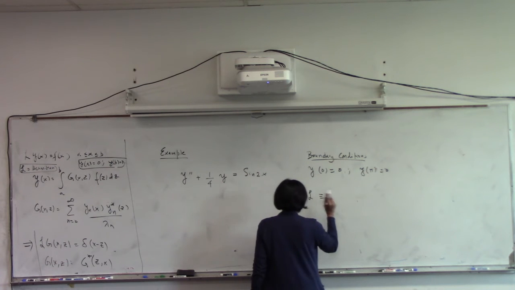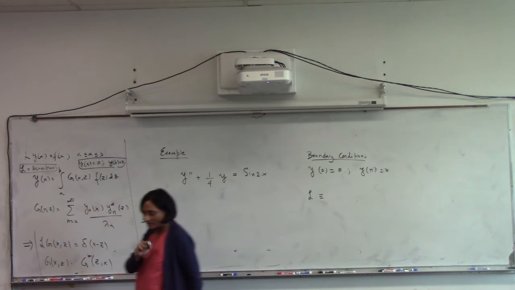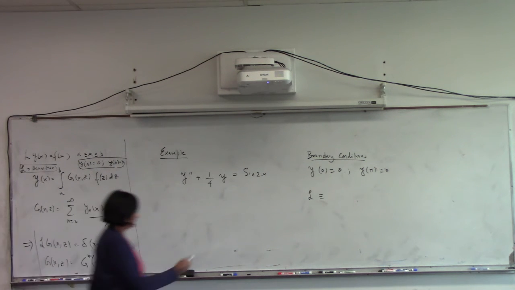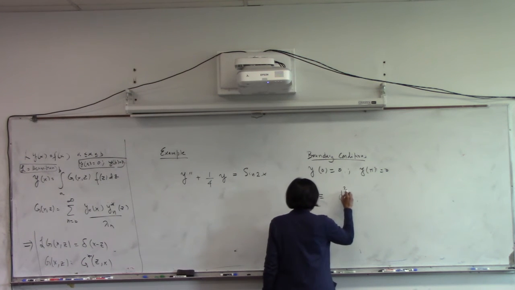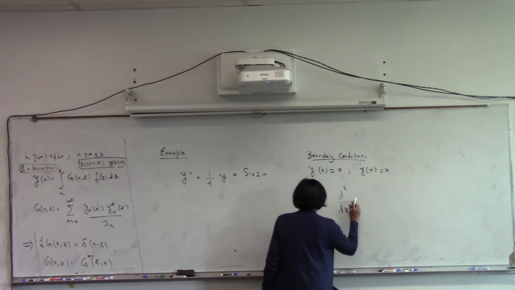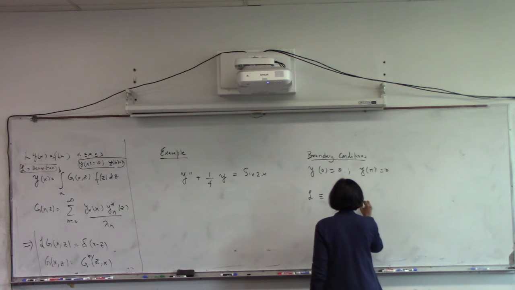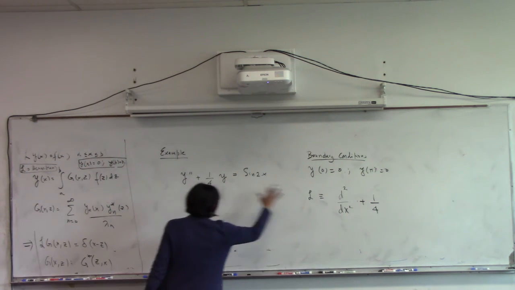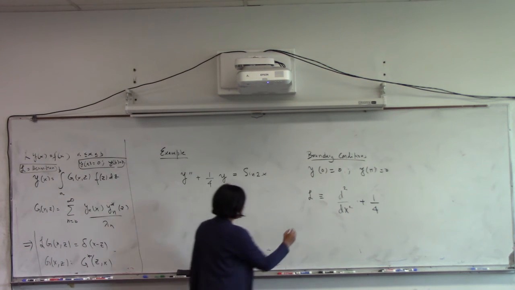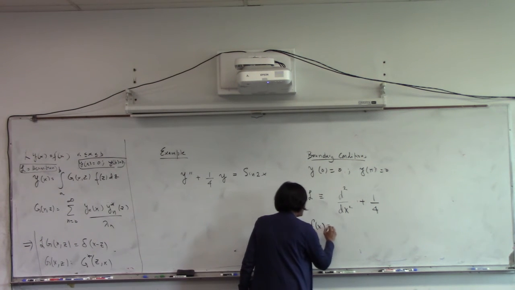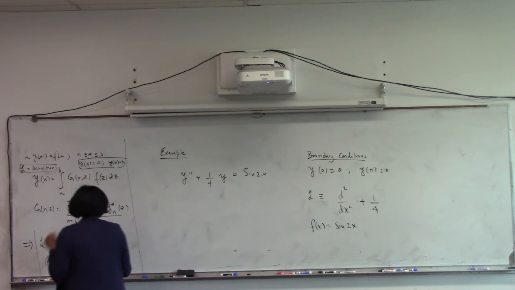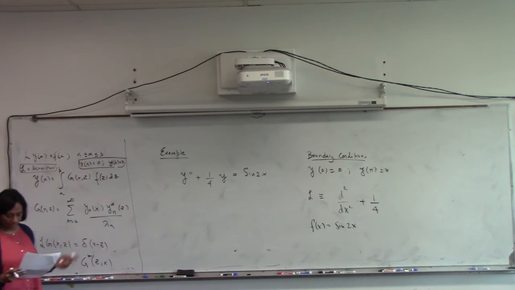I want you to be clear again and again what I mean by L. L is the second derivative plus 1/4, operating on y, and f of x is sine 2x. So those things are clear. All right, so L is Hermitian.